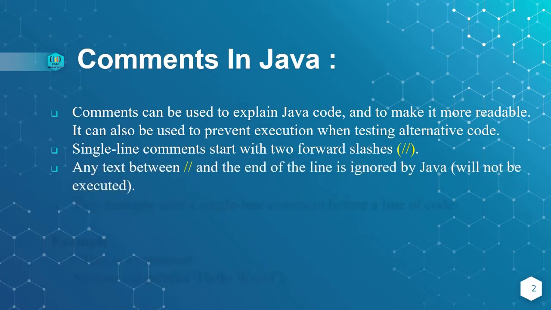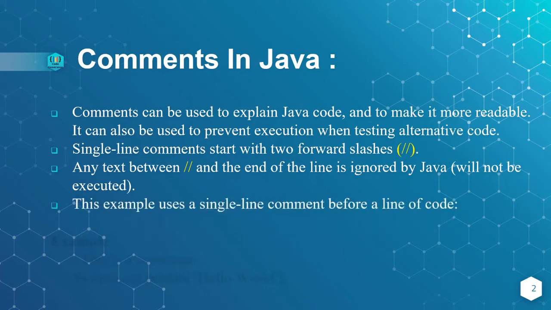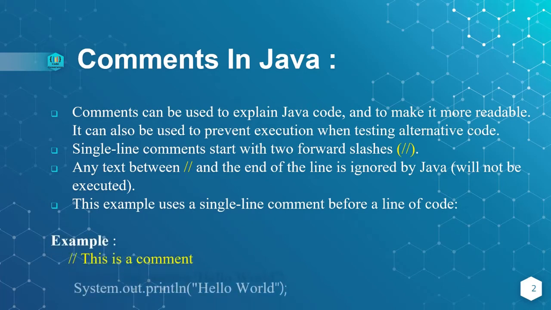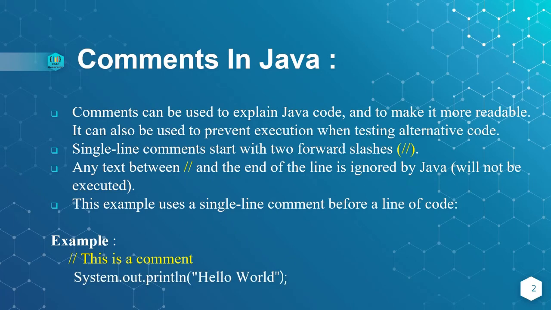Any text between the slashes and the end of the line is ignored by Java and will not be executed. This example uses a single line comment before a line of code. For example, if I would like to say this is a comment, I write two forward slashes before that, so this line is not going to be executed.